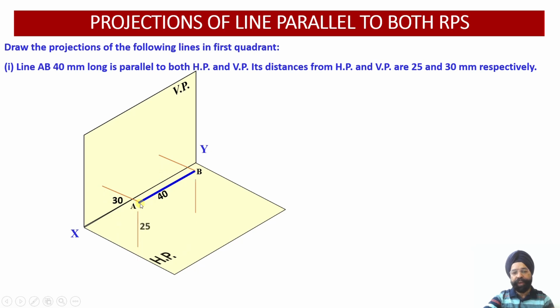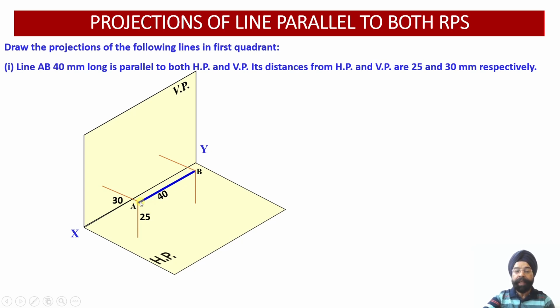Now I am going to mark the distances of this line from HP and VP. The distance of the line from HP I have marked as 25 millimeter. The distance of the line from the vertical plane I have marked as 30 millimeter. After marking these two distances, I will be able to draw this line.